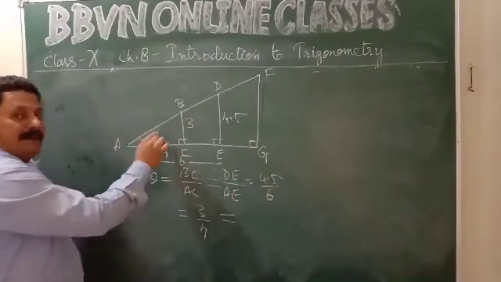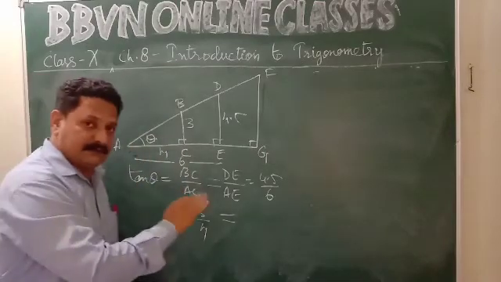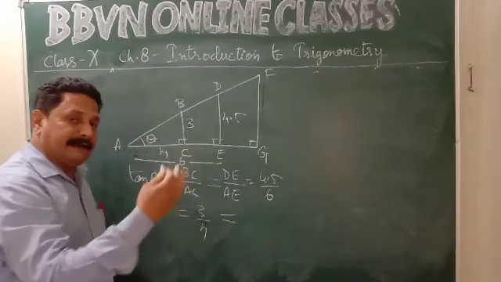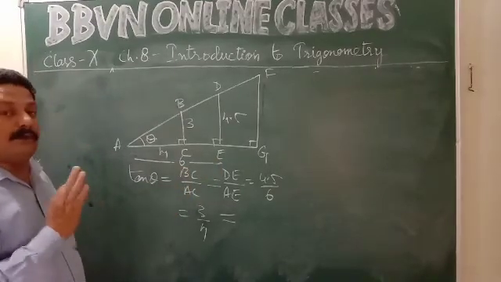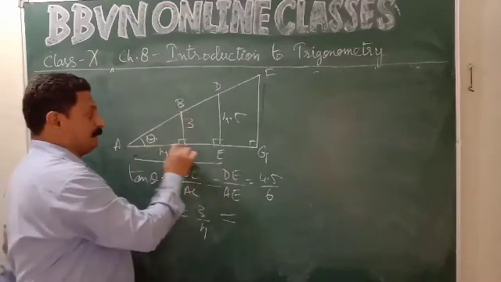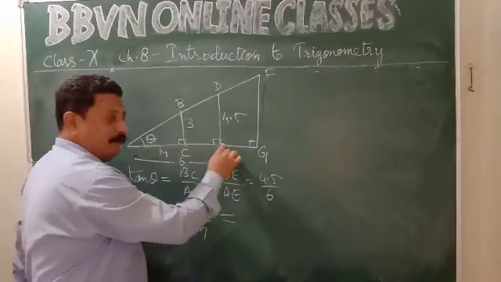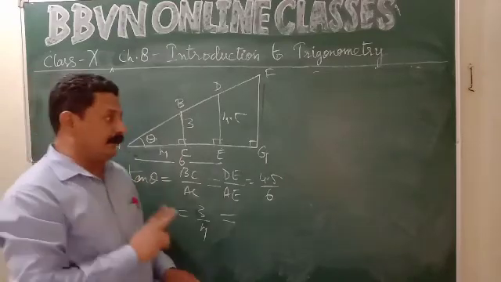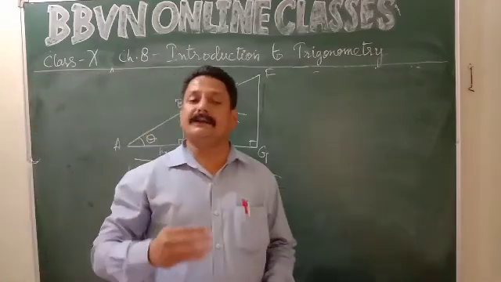So for this particular angle, the tangent ratio or the sine ratio or the cosine ratio, or any other trigonometric ratio, will always remain the same irrespective of the length of the sides. It always considers the ratio. Got it? Hope you understood it better. We'll continue in the next class.